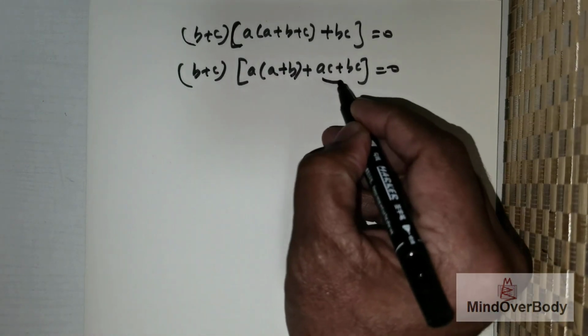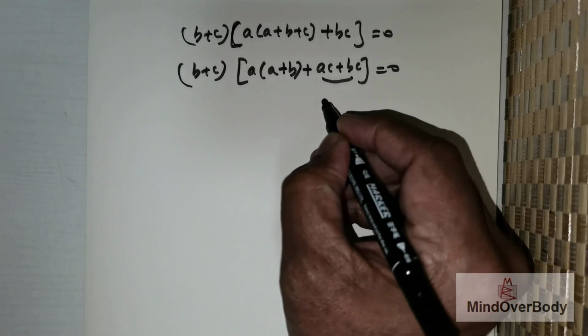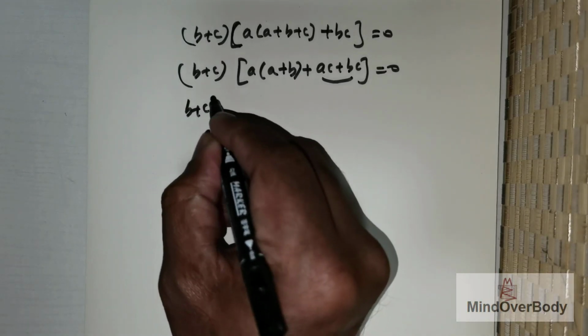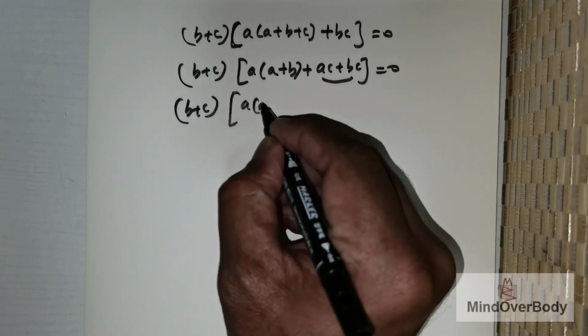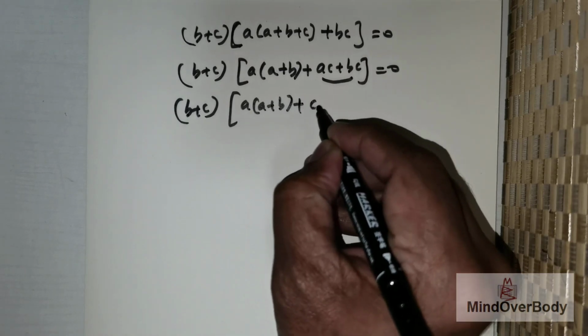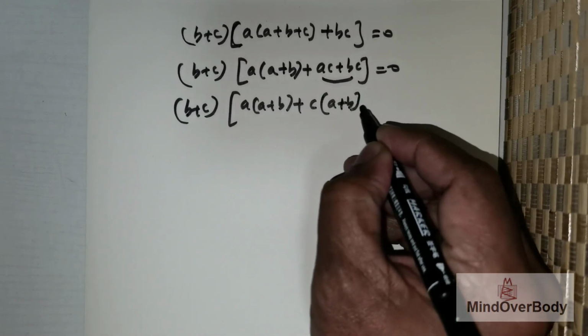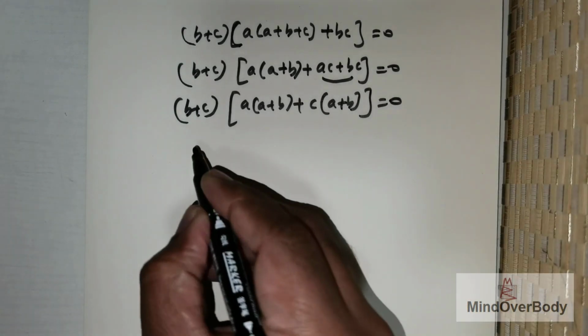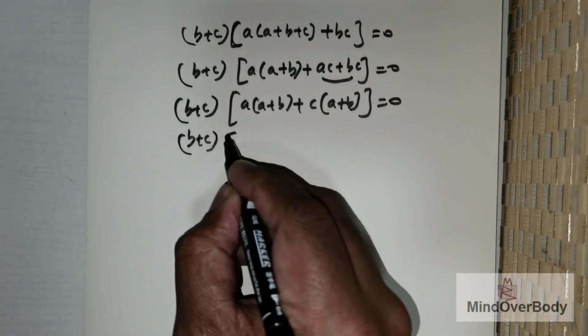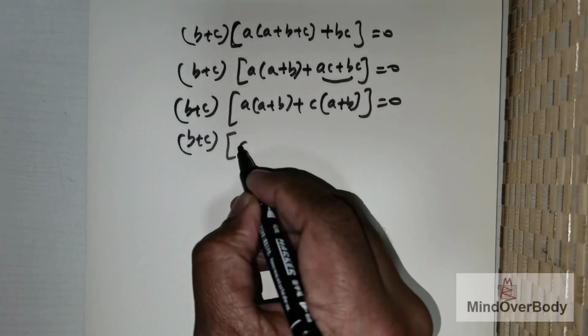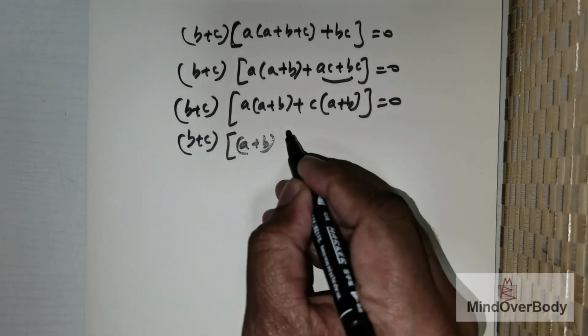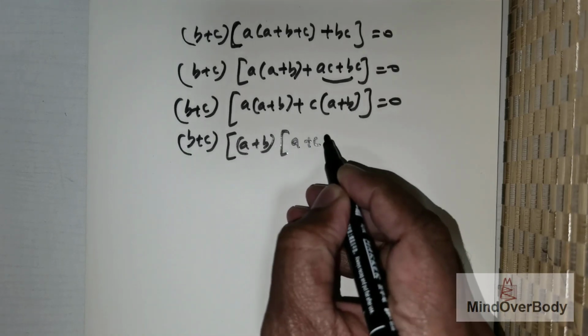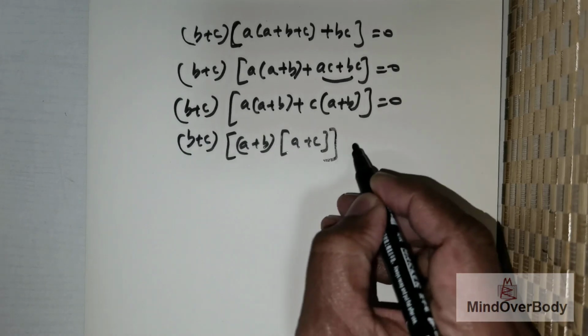From this quantity, I'm going to take C out. So let me rewrite this: (B+C) times (A(A+B) + C(A+B)). If I take C out, I get (A+B). So (B+C)(A+B) can be taken as a common factor, giving (A+C) = 0.